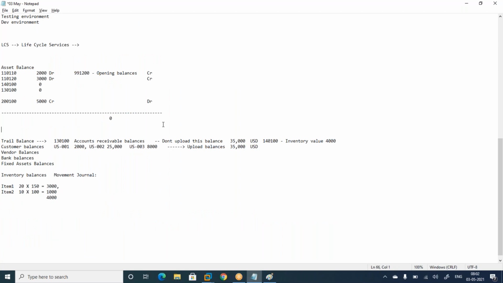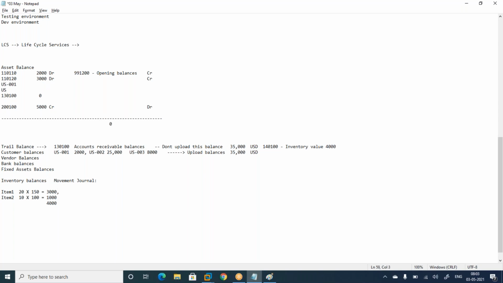Typically what happens is, right at the spreadsheet level, when they give the data, they will tally the data. They will not even load if it's not balanced. Yeah, if you are taking each customer-wise balance in the spreadsheet, then there is no issue at all, because instead of this one, I'm selecting US 0001, US 002.